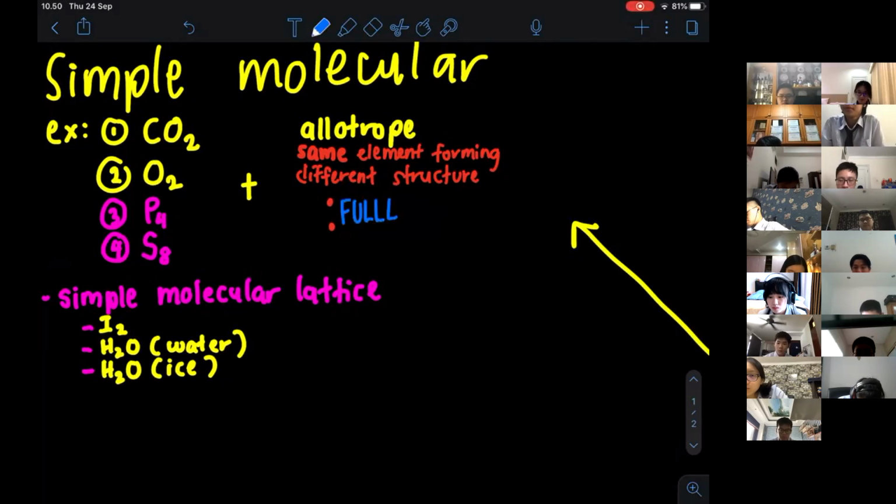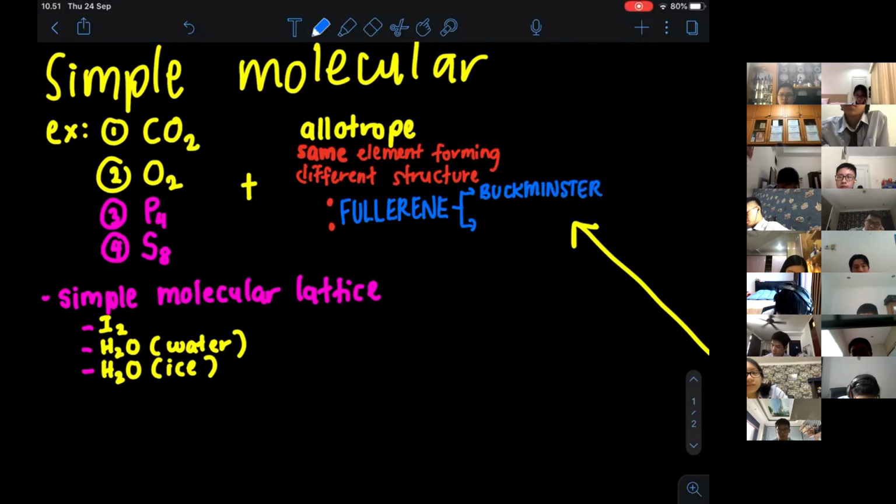And fullerene has 2 forms, Buckminster fullerene, we will learn about this today, and this one is nanotube. These are examples here.